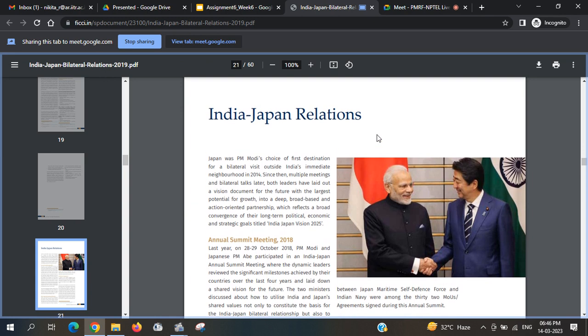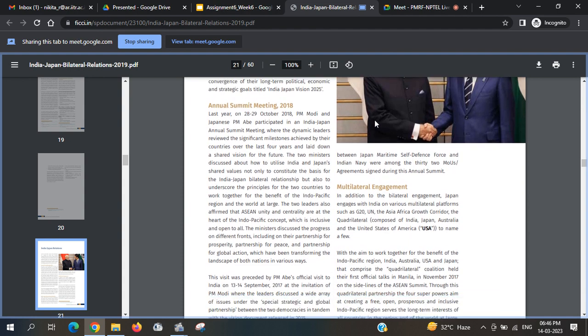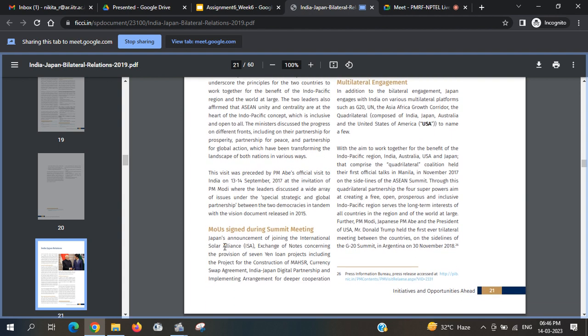And here you can see an overview of India and Japan's bilateral relations. So you can see the different MOUs which exist between the countries. For example, even the International Solar Alliance is a part of this. So Japan has joined the International Solar Alliance, of which India is also a member country.